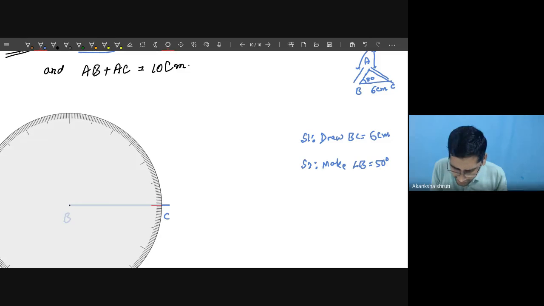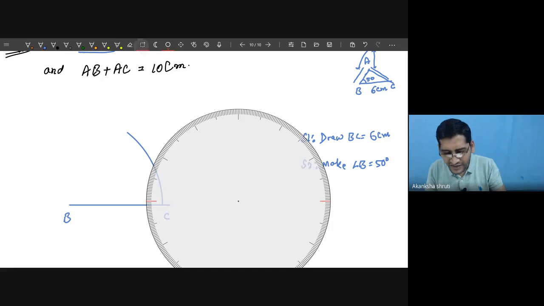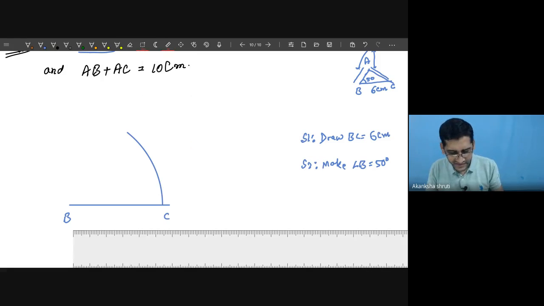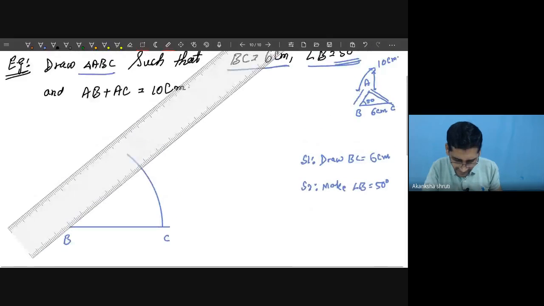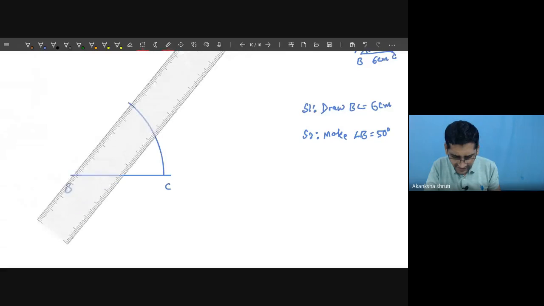So we need to make this 50-degree angle. Okay, student. So I need to mark it somewhere here. Again, let us take the scale so that we can make this 50-degree ray.